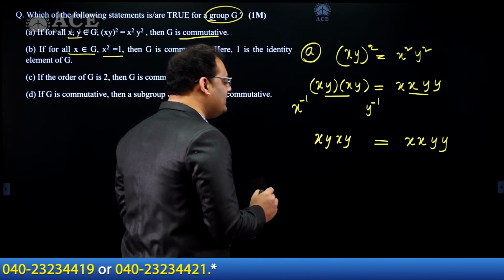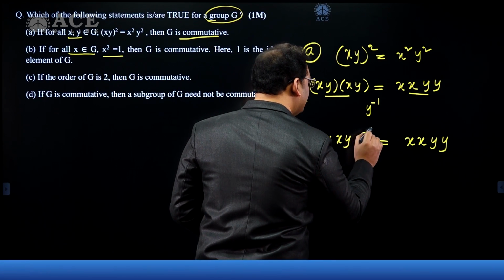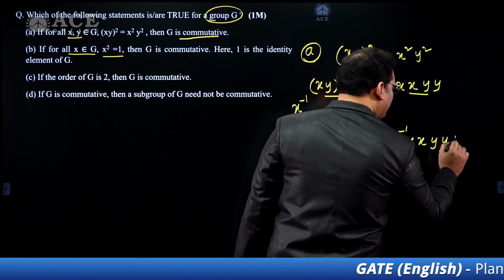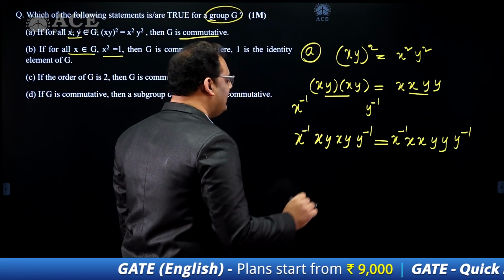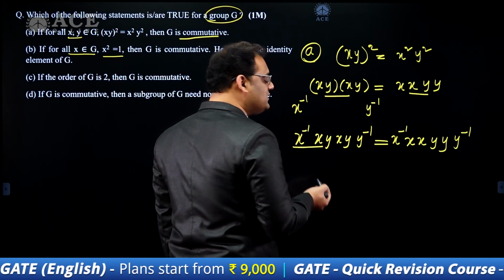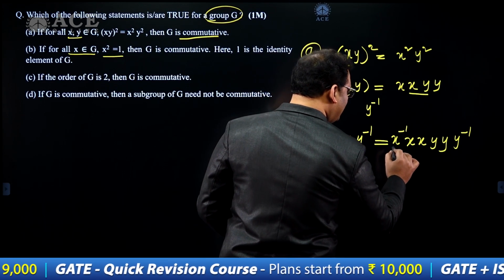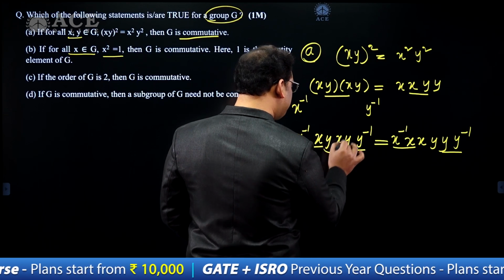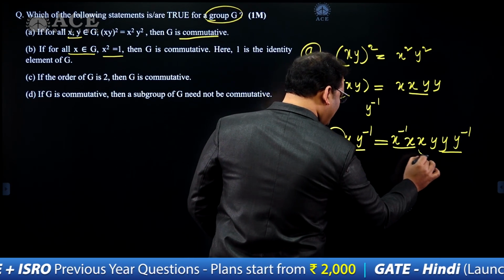I am operating with x inverse here and y inverse here, and to balance this, x inverse here and y inverse here. Then x inverse star x is nothing but identity, and here also this becomes identity. Finally, I got yx is equal to xy.